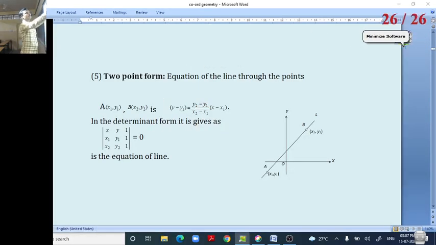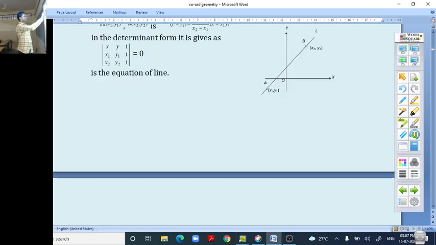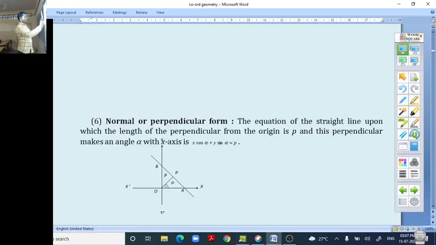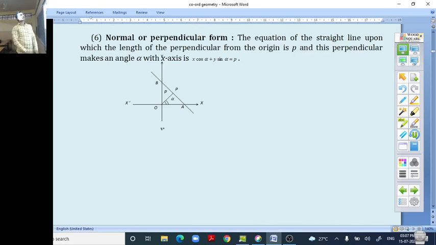Okay, moving on. The normal form, or perpendicular form, of the equation of a line.